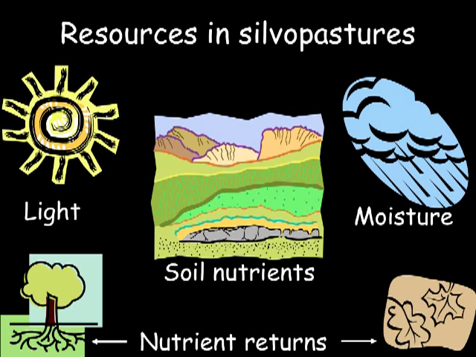Because typically we often think of trees and forages as being competitive, and they may well be, but can we manage those relationships so that the whole perhaps is greater than the sum of its parts? And when we look at resources in the system, the first one, we've got light, there's soil nutrients, moisture, the nutrient returns from the trees and the forages and the livestock. How do we manage each of those components so that this thing will work?